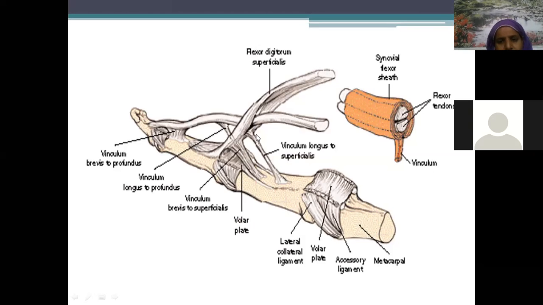These are actually called vincula. If they are small in size, you call it vincula brevia, which you find with profundus. If they are long in size, you call it vincula longa.